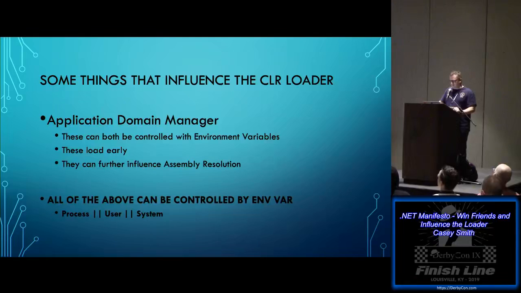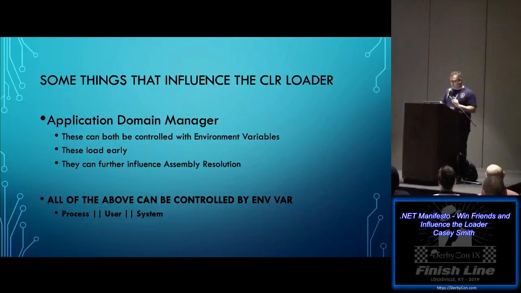Once you load your app domain manager, you can further affect assembly resolution. You can override functions so that when a particular DLL is searched for, it uses your path as opposed to what was expected by the system.